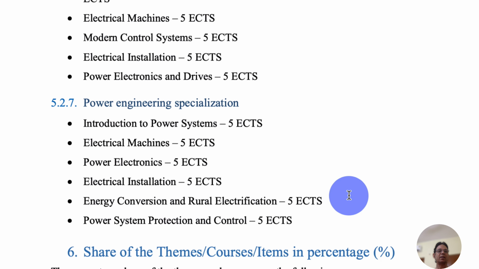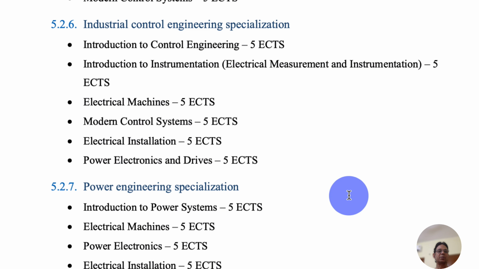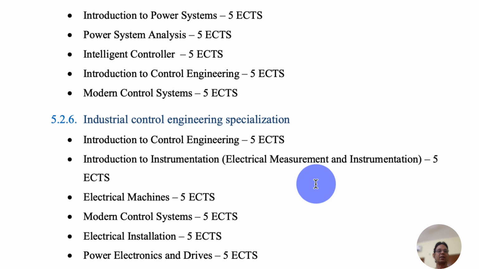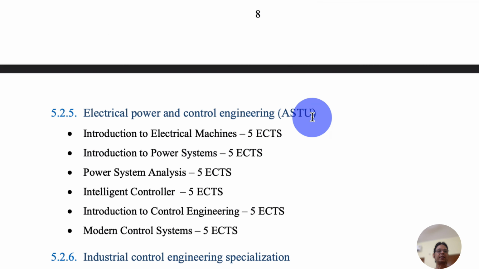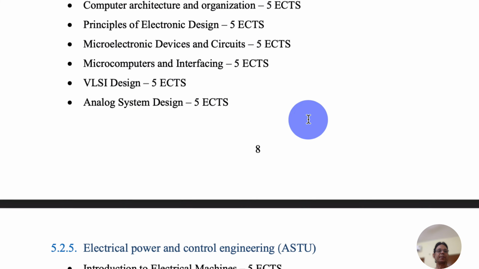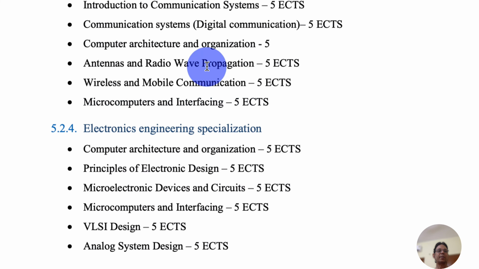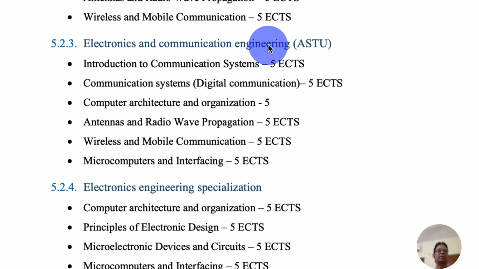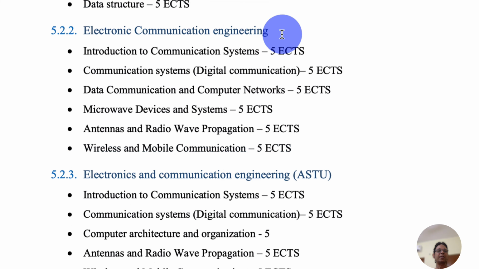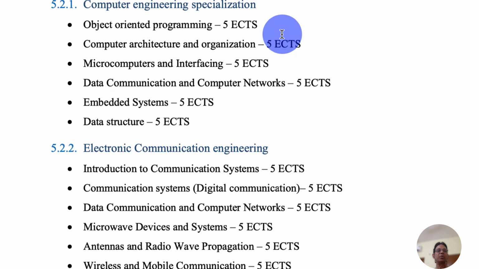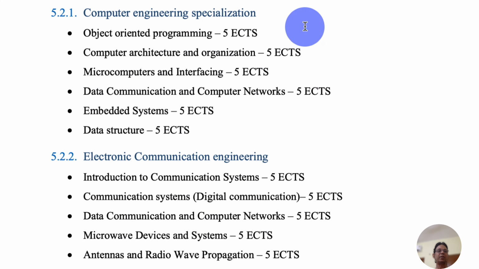So here we can see the students having power engineering, industrial control engineering, electrical power and control engineering, electronics engineering, electronics and communication engineering, or computer engineering. So we can have different subjects that will be coming into the exit examination according to the student specializations.